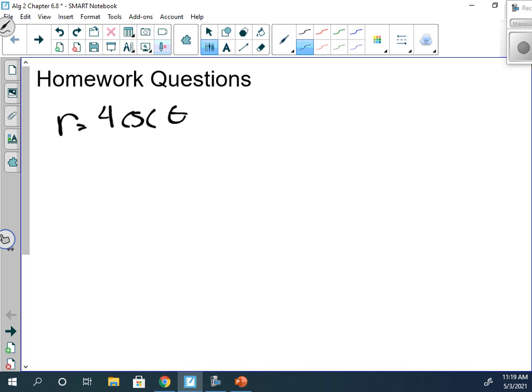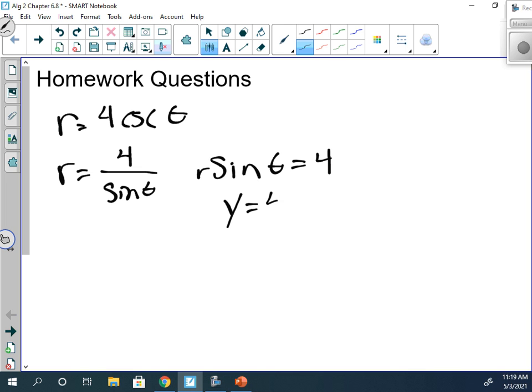So if we want to do something like this here, well, cosecant is the same as 1 over sine, multiply both sides by sine, so we get r sine of theta is equal to 4. And really that's all we're doing, is we're manipulating these equations to get them back into a form we can rewrite.